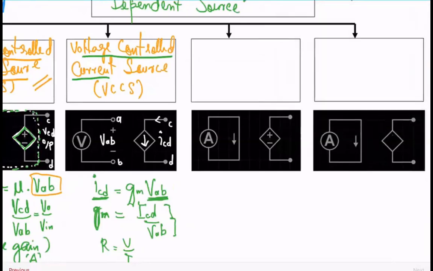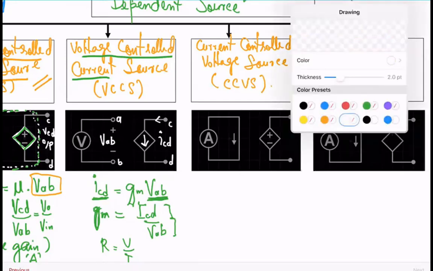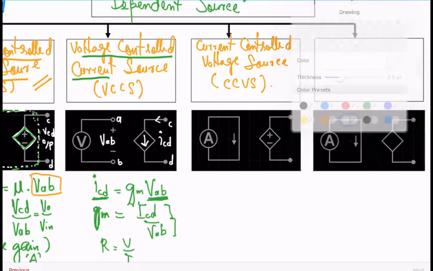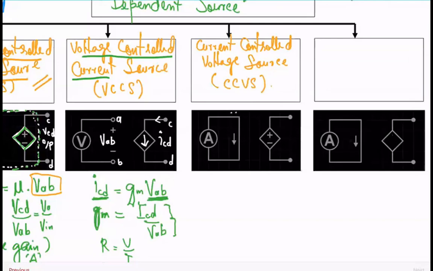The third kind is the current controlled voltage source, CCVS here. Again, you have the circuit over here, where the input part and the output part of the circuit are connected through this block right here.